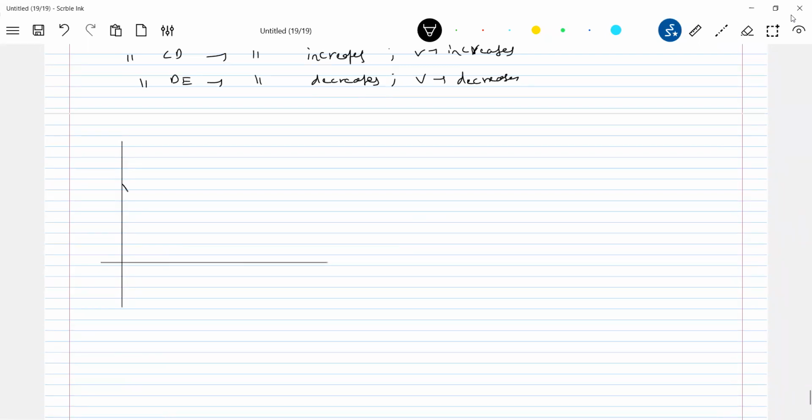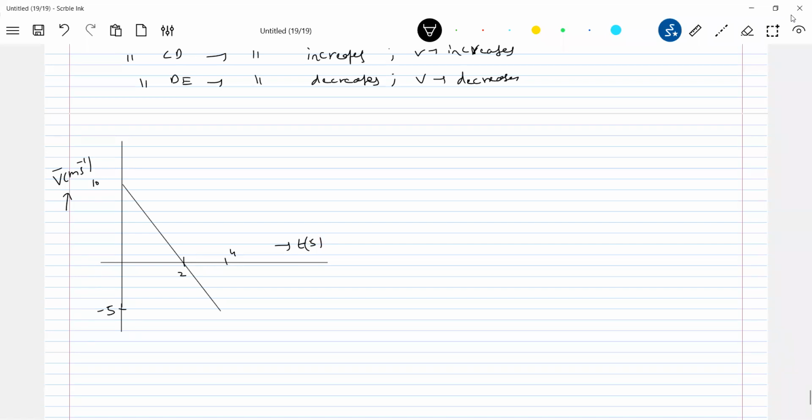So I'll give a graph like this. This is 10, and this is -1, this is 2, this is 4. Now, can you say anything about the work done?